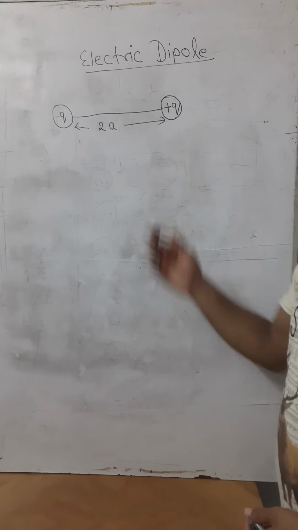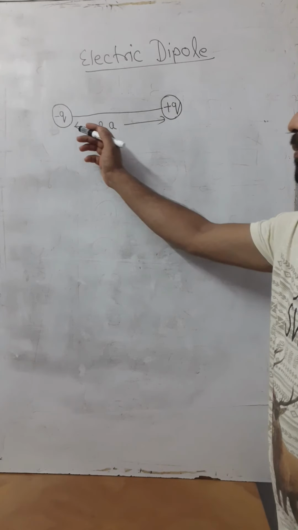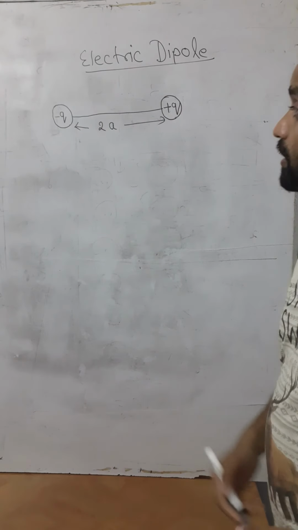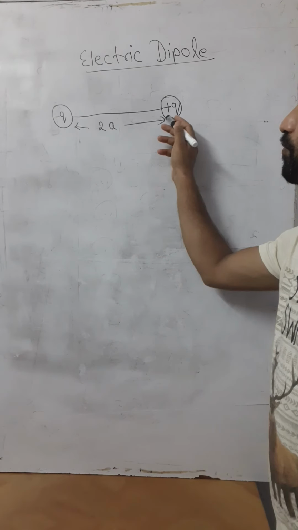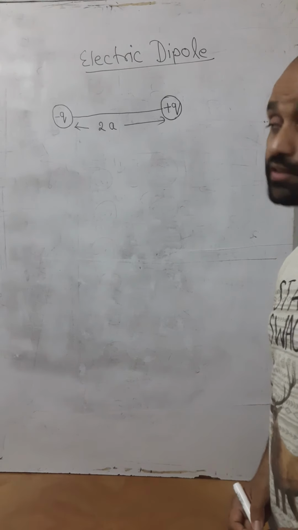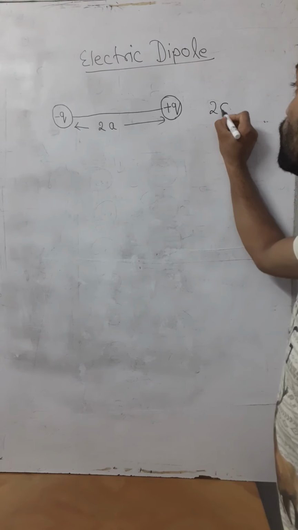Okay, so I want to tell you about the electric dipole, that this electric dipole has a length, and this length is also a vector. It is denoted by 2a vector.